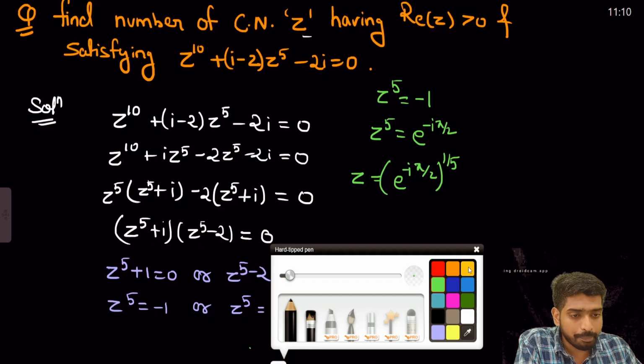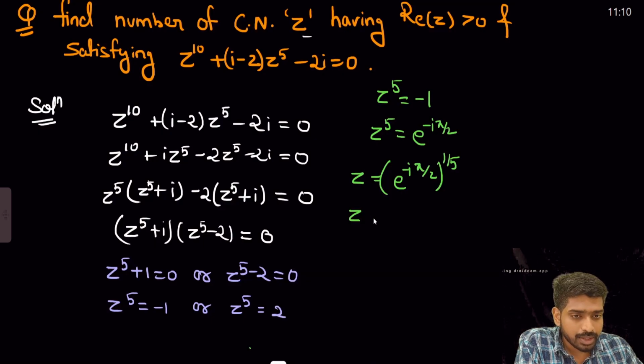First, I will add 2m pi in this angle. Here I'll get z equals e to the power iota, and the angle is minus pi by 2 plus 2m pi. Now I'll divide by 5.